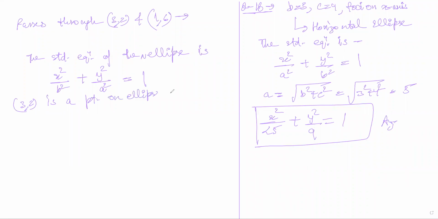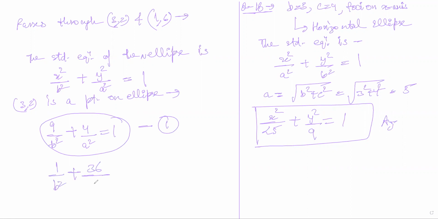So if we put x as 3 and y as 2, then there's an equation which would satisfy. This is your first equation. And if you put 1,6 in place of x and y, this would be 1 by b squared plus 36 by a squared is equal to 1. Now you have to find out a and b using these two equations. Can you suggest to me how to do this?